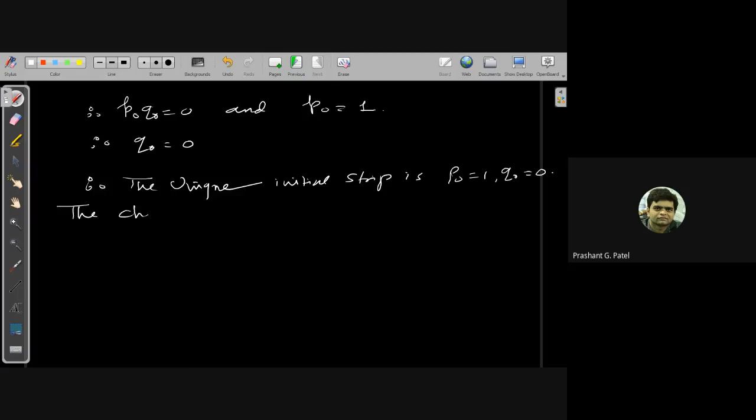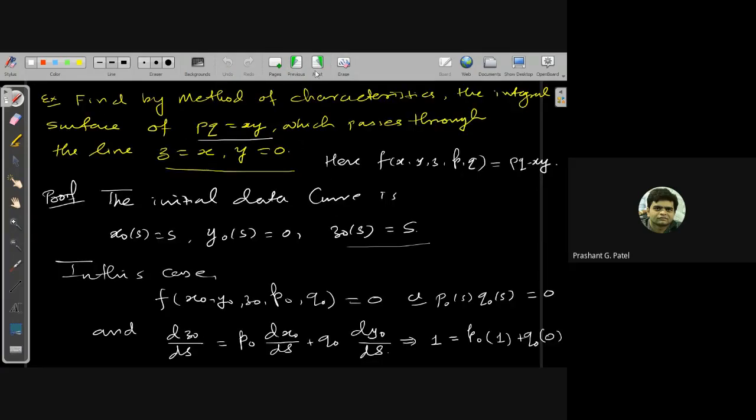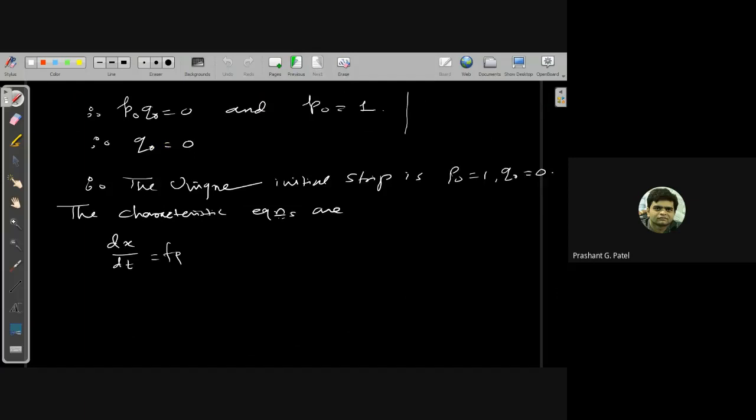The characteristic equations are dx by dt equal to fp. Let me write the function here.